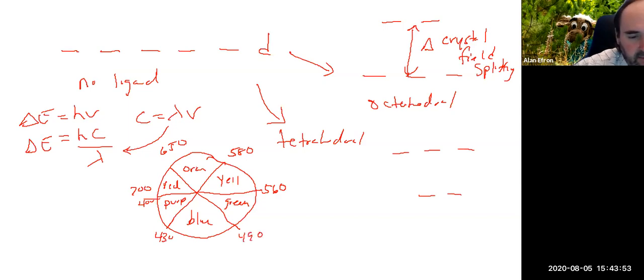And remember that what we actually see as the color is the complementary color of the wavelength that's being absorbed. So if our solution is perhaps red, we would set our spectrophotometer to a wavelength over here in the green area.